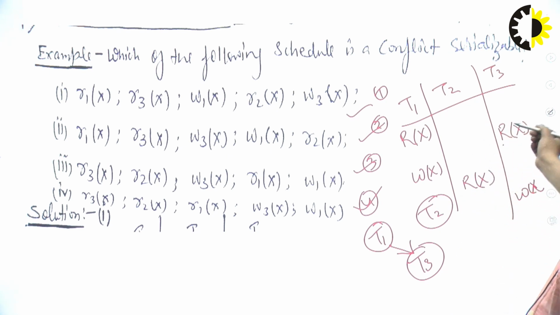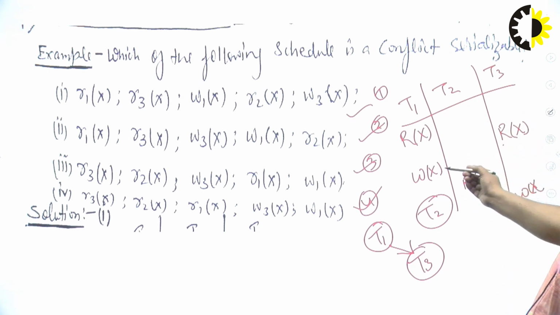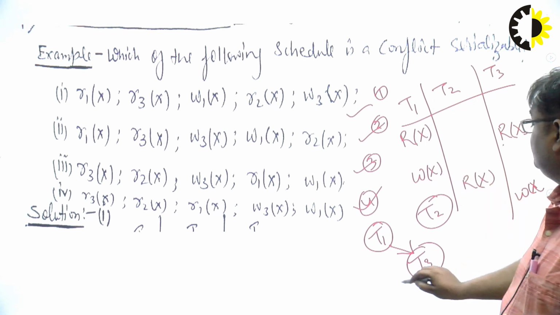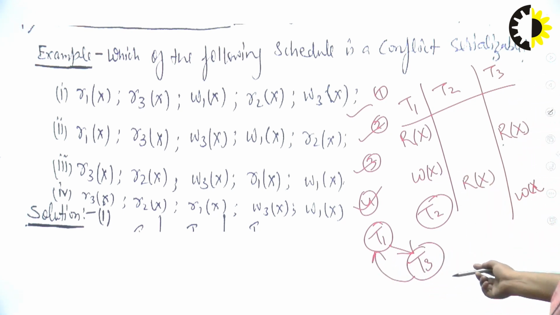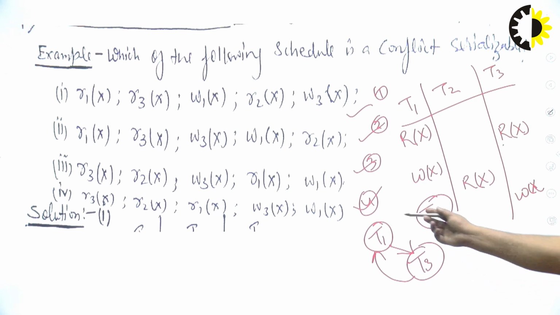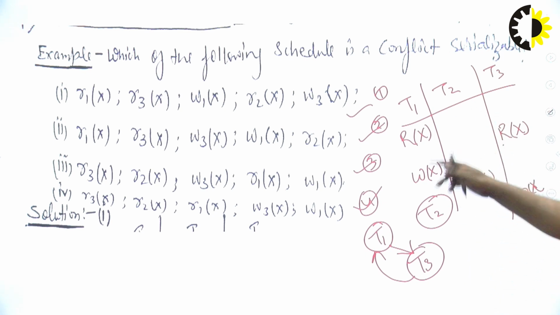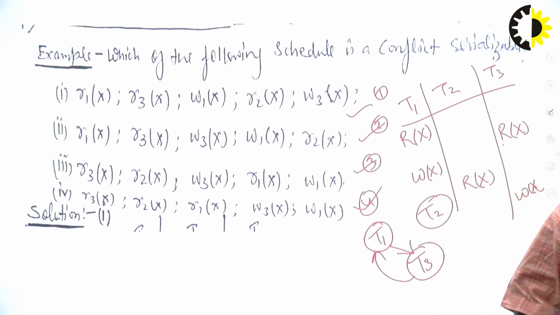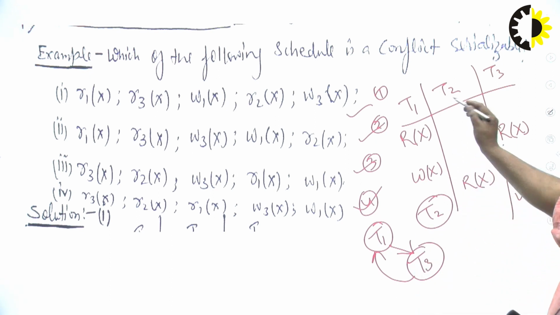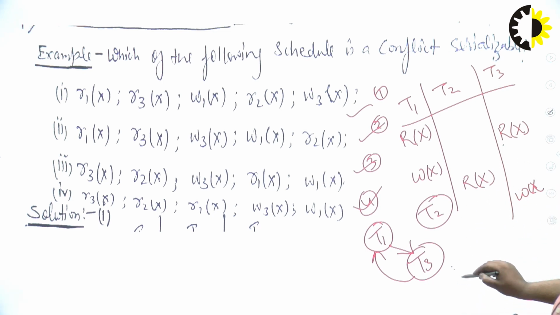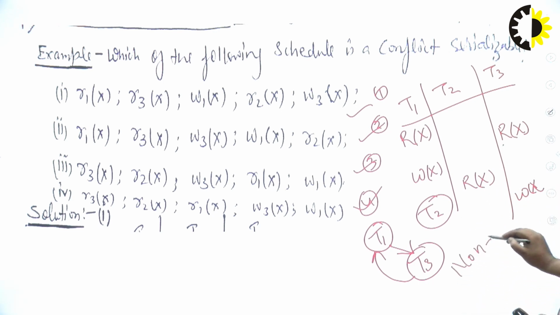Then we check for T3 to T1. Clearly there is a loop. So why should we waste our time making the precedence graph further? We are clear that this is not conflict serializable.